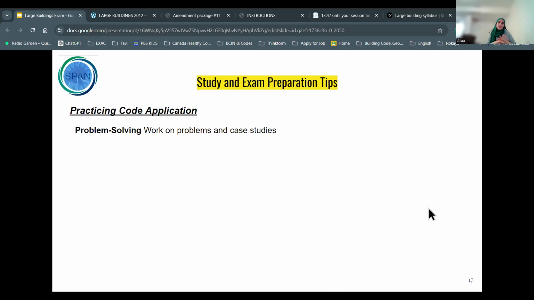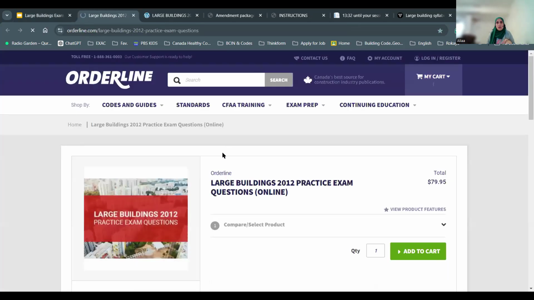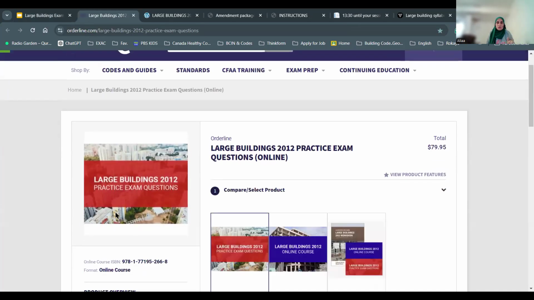Okay, I studied well. How can I know I have a good understanding of this part? Solving problems. We have 3 sources for problems. First, the self-study manual from George Brown. Second one is a website called Orderla. This website offers a course, a workbook, and only questions.